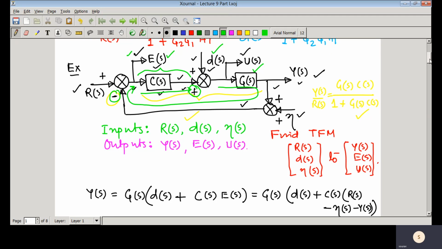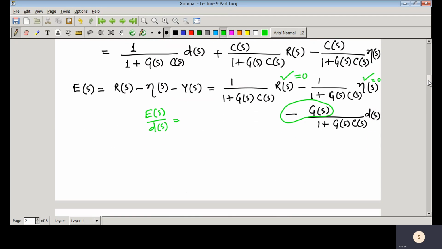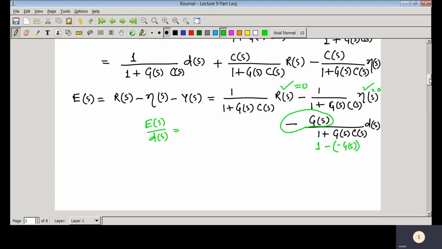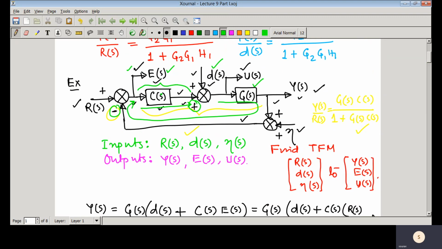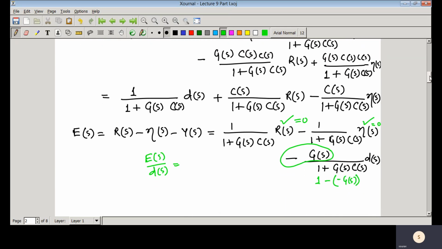So if it is positive feedback, basically it would be 1 minus, and as the forward path transfer function is minus G(s), minus minus would be plus. The feedback path transfer function is C(s), so that is into C(s). So basically you will have minus G(s) by 1 plus G(s)C(s).